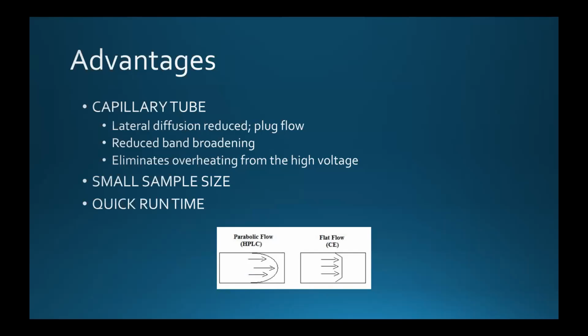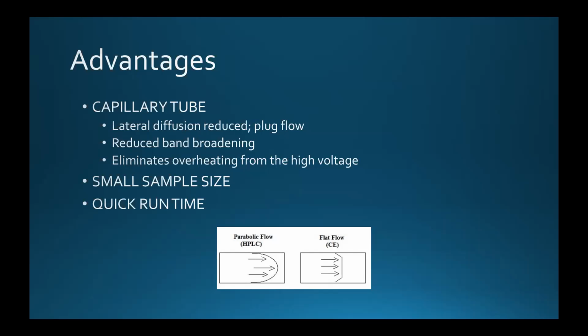Lateral diffusion effects are reduced, which is often a problem in HPLC, which is the most comparable technique of analysis to this technique. This technique has a plug flow. The velocity is consistent throughout the tube, and it's not slower at the edges of the walls, which could create a bulge in the center, which could create problems in other techniques.